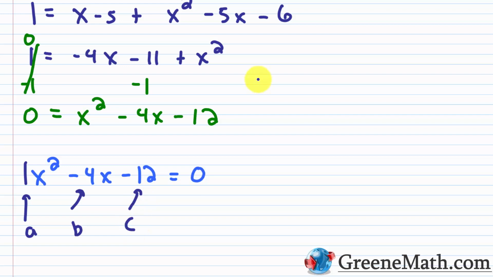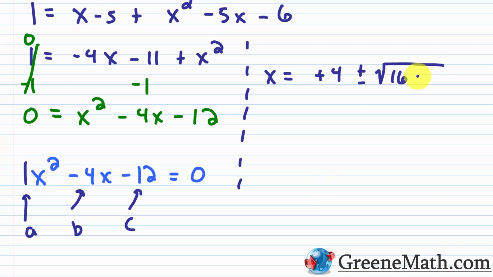So for the quadratic formula, we kind of just write it over here. X is equal to the negative of B. B in this case is negative 4, so the negative of negative 4 is plus 4. And then plus or minus the square root of B squared. Negative 4 squared is 16, minus 4 times A is 1, times C is negative 12.